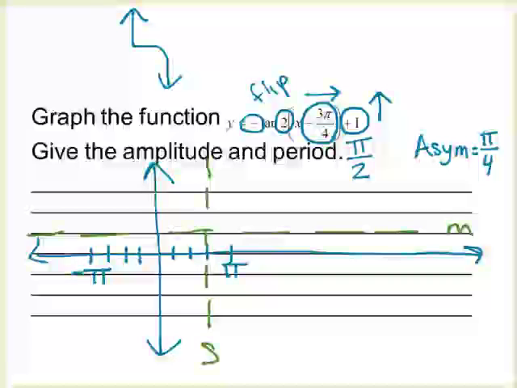Then the first part of the actual graph that I plot are the asymptotes. The asymptotes should be pi-4ths away from the starting line. So how many markings will that be? Just 1 marking, because each of those markings represented a 4th. So I'm going to go 1 marking away each side of that starting line and make asymptotes.